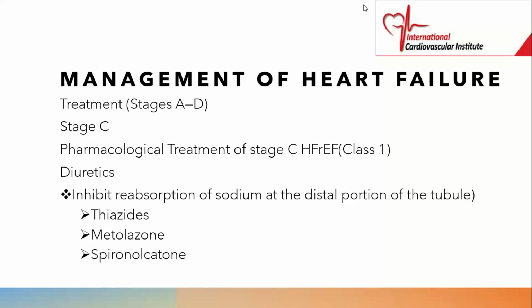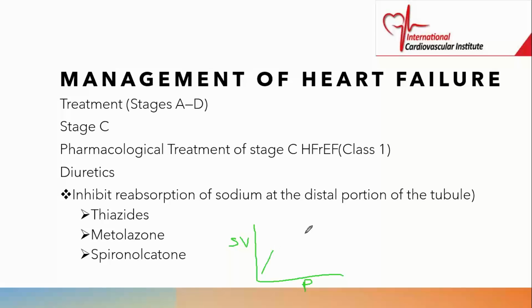let's have a look at that curve again. So the Frank-Starling curve, where we have the stroke volume on the vertical axis, and on the horizontal axis we have the preload. Okay, and it looks something like this.